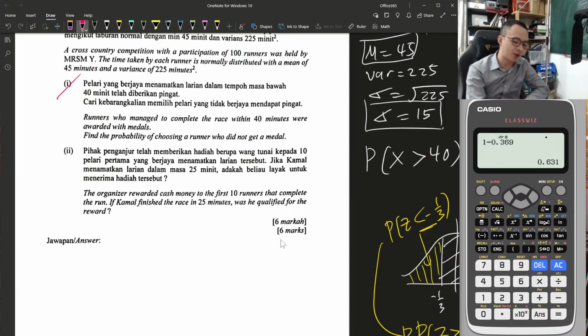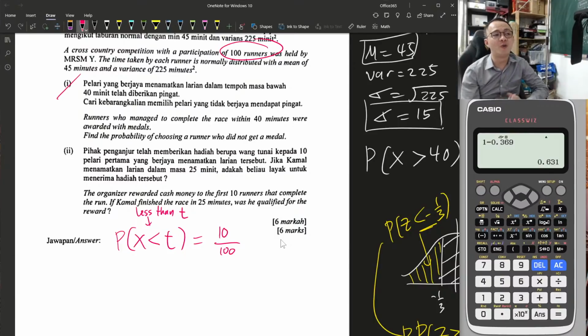To get the first 10, you must be faster than a certain time, so you need to spend time less than t. Less than t, I only want 10 out of the total. Total I have 100 runners, so it will be 10 out of 100, which is 0.1.